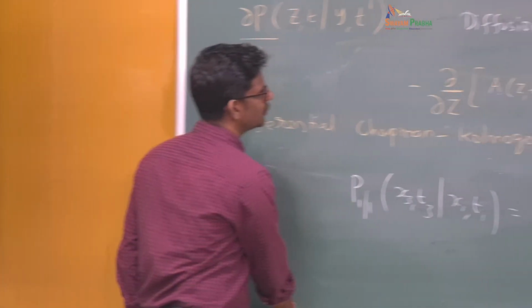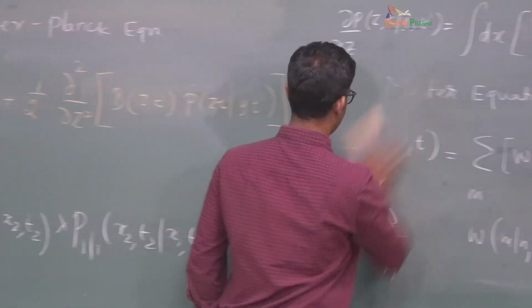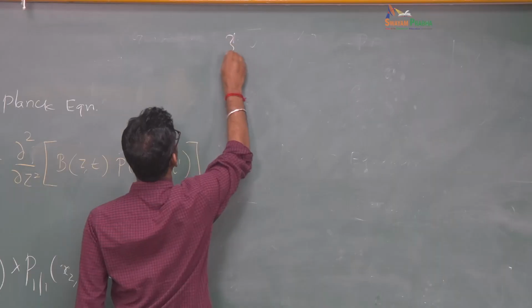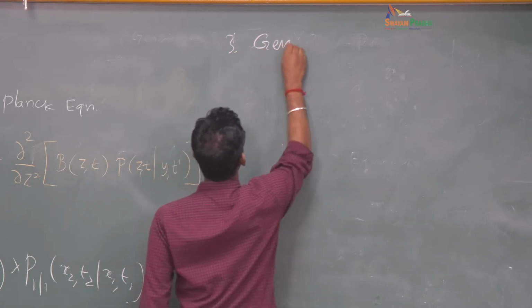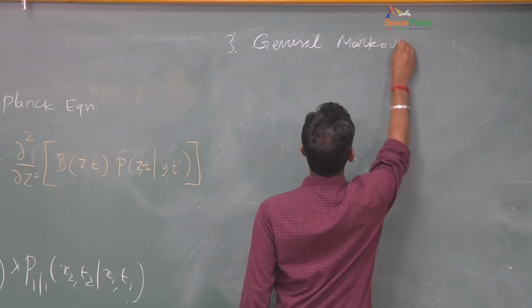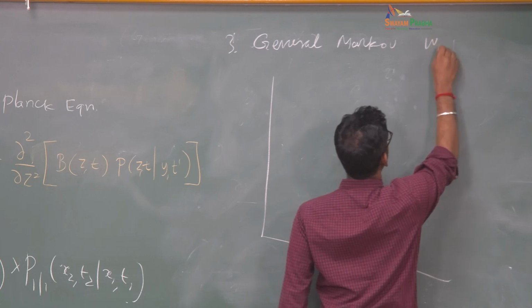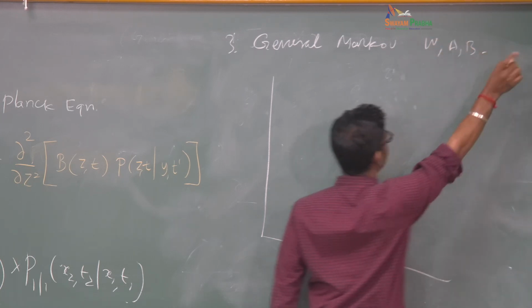So suppose you have a more general case, what you are likely to see is the following. I'll show one example. Here W, A, B are all non-zero.